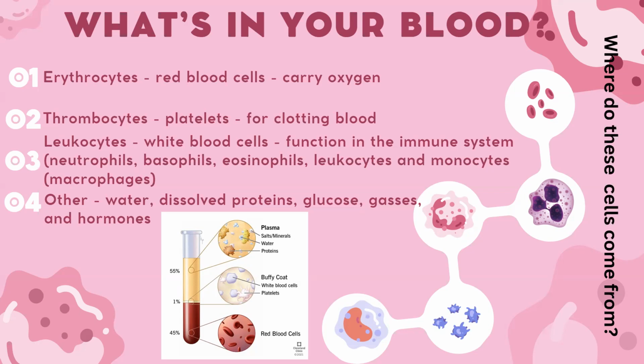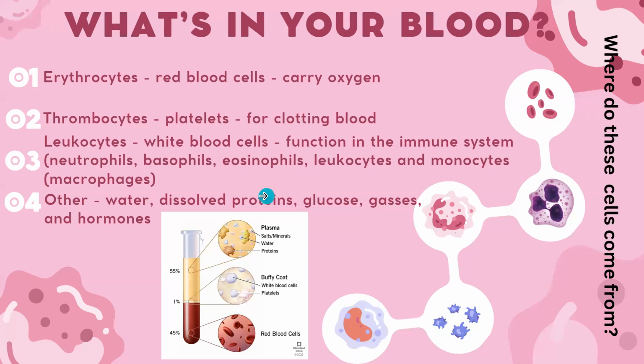And then everything else that's in our blood includes water, some dissolved proteins, some glucose, some gases, and hormones, all within the bloodstream. So our 1, 2, and 3, our erythrocytes, our thrombocytes, and our leukocytes, our red blood cells, platelets, and white blood cells are what we consider our formed elements.